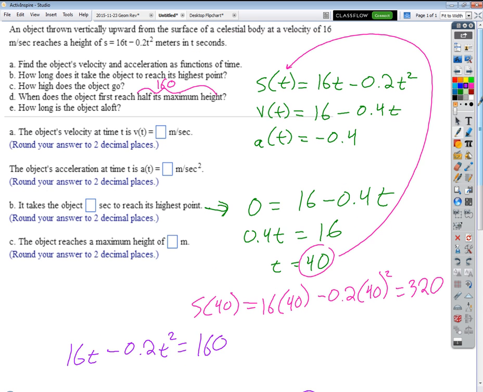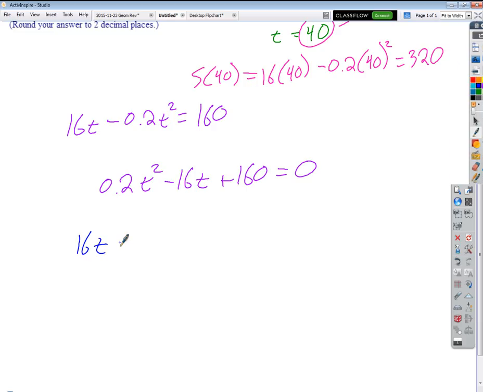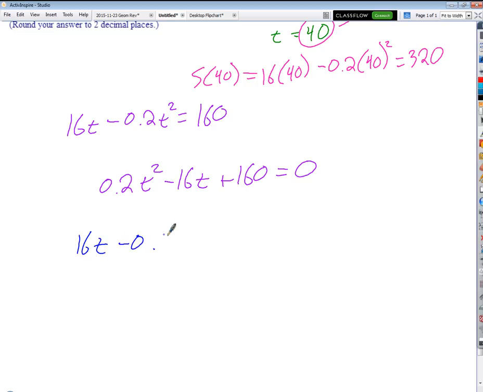If I set this equal to 0, what do I get? 16t minus 0.2t squared equals 0. Well, I can just factor out a t, can't I? Agreed? And then I'm just going to get t times (16 minus 0.2t) equals 0.